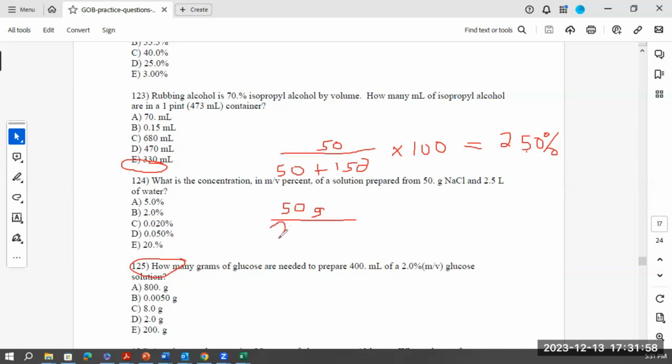Then multiply that times 100. And what do you guys end up with? Should be 2.0%.